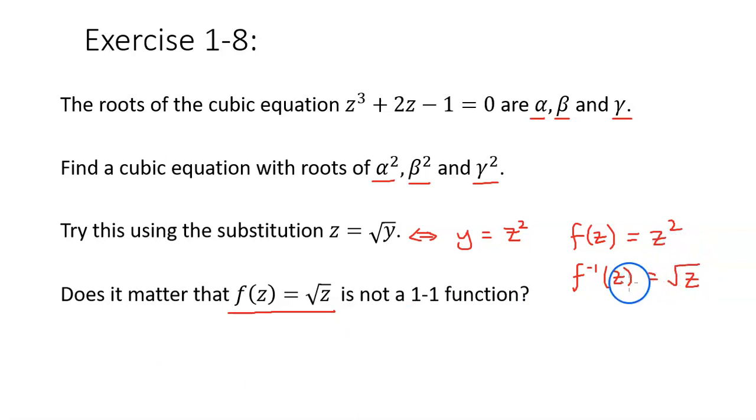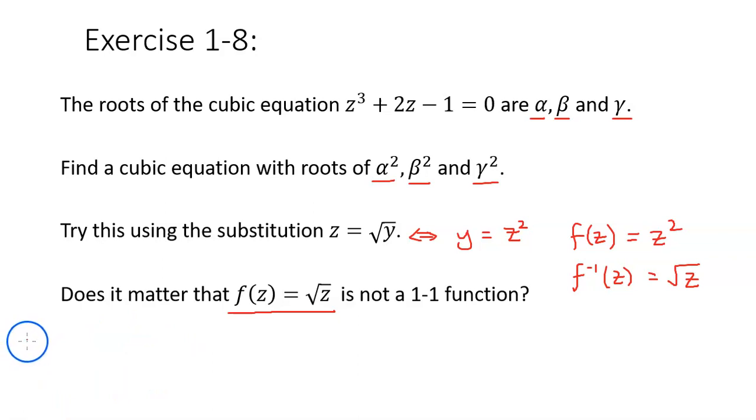So we're only really defining the inverse function on the positive numbers, and we're sending it back to the positive numbers as well. And 0, I guess, although clearly none of alpha, beta, and gamma are equal to 0.